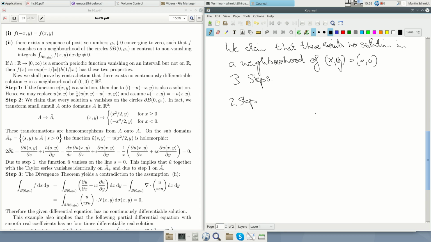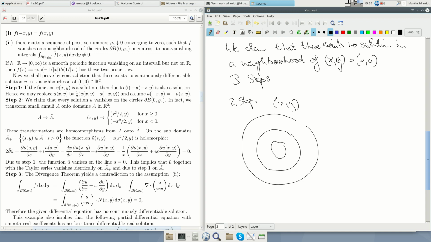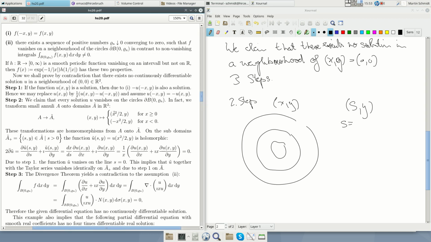we have in the xy coordinates our circles, and now we transform them into the sy coordinates, where s has this property.